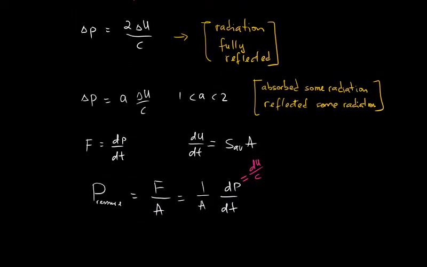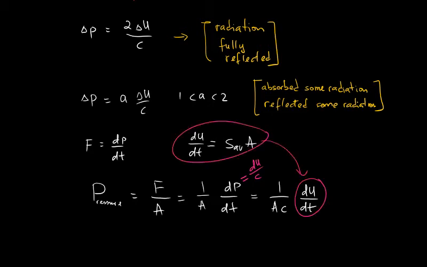So I can rewrite this as 1 over AC times dU/dt. Now we know that this dU/dt can be represented with the Poynting vector.